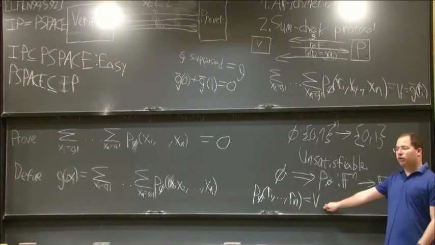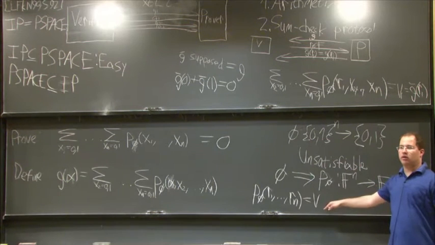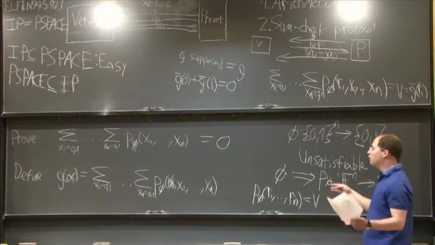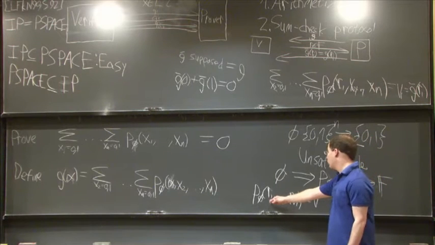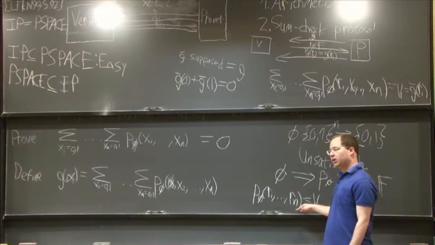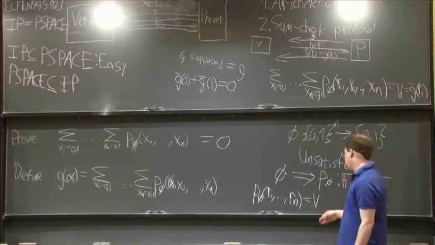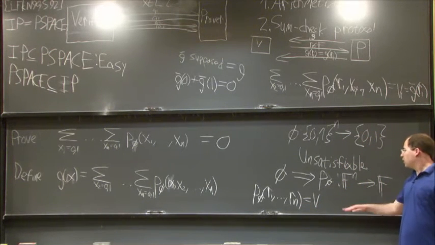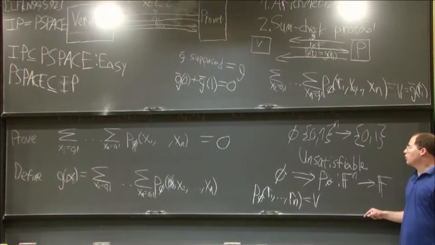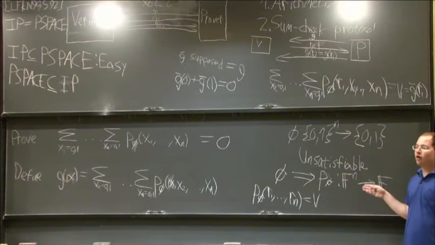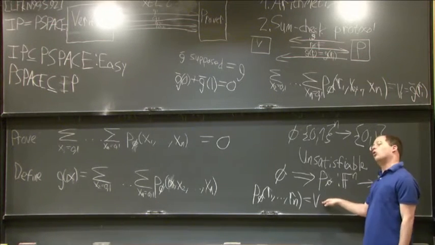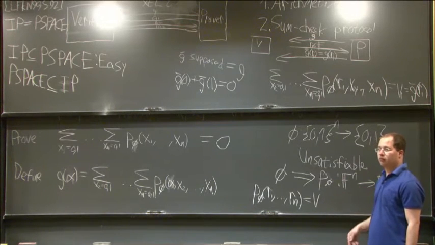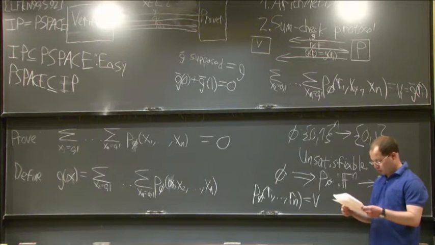And once we got to this expression, this is something that the verifier can compute on its own. It doesn't need a prover for it, so the verifier will simply compute this expression and check that it's indeed equal to v. And at this point we are done. If phi was unsatisfiable, this claim will hold, and if phi was satisfiable, this claim will be false with high probability. So the verifier will catch the prover.